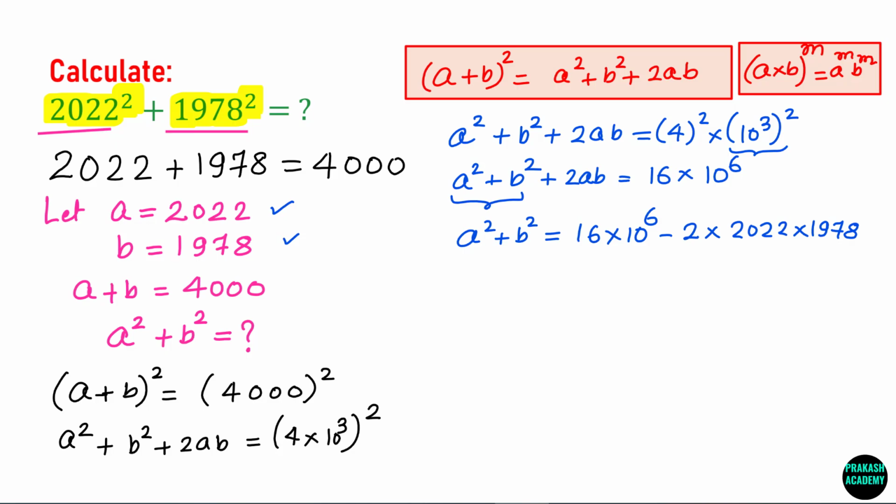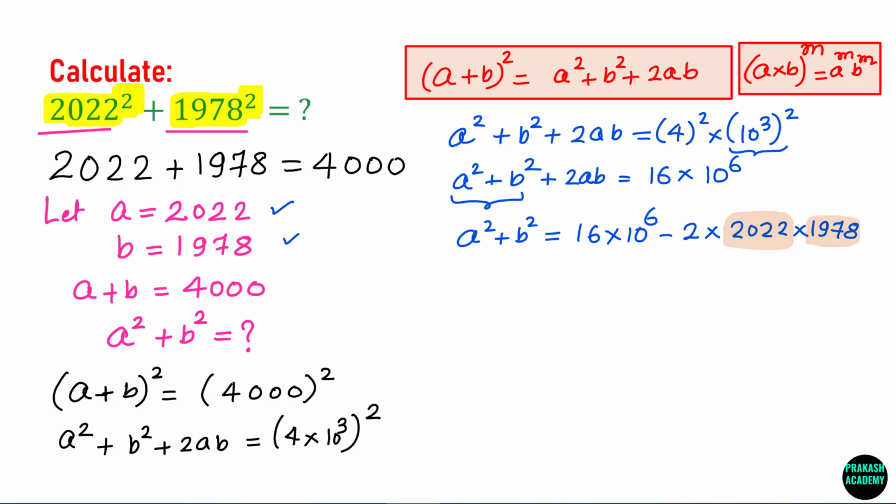Now what should I do next? You see, still I have to multiply these two big numbers. But you are not required to multiply, because you see this 2022 can be written as 2000 plus 22, and 1978 can be written as 2000 minus 22.